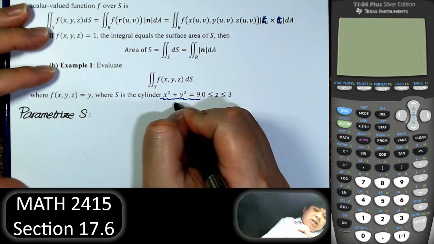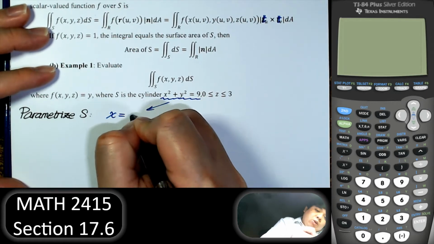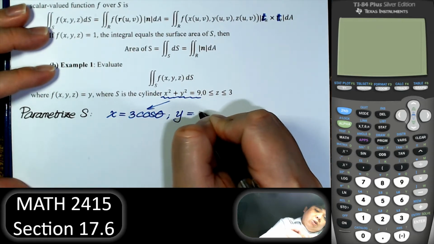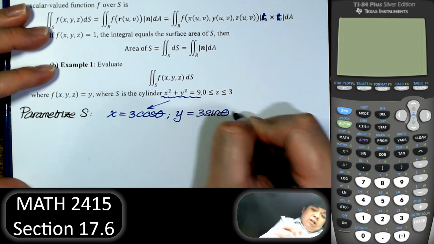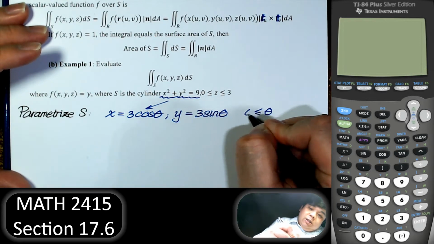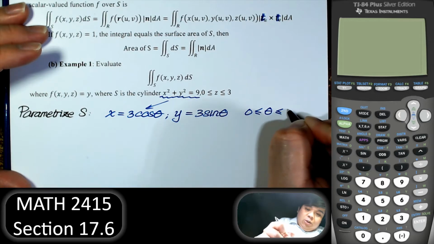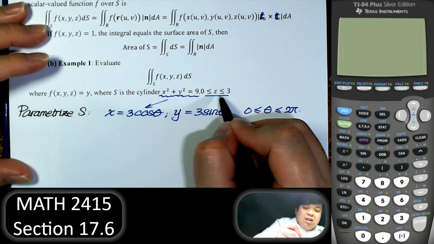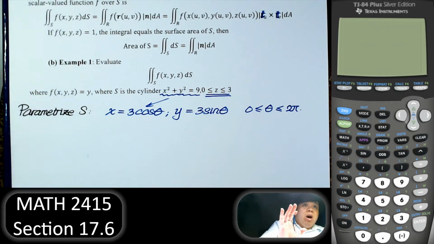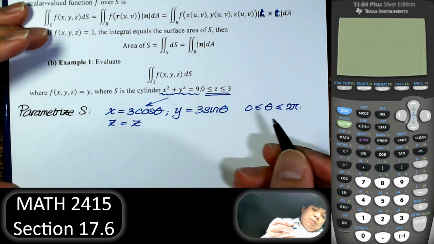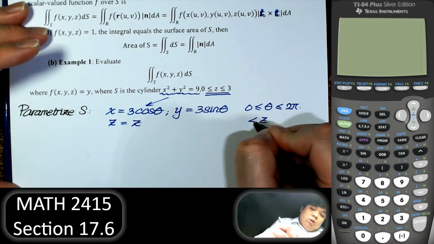So in this case we can say x equals 3 cosine theta, y equals 3 sine theta, and we're talking about the whole circle, so theta is between 0 and 2 pi. And then z, this by itself is another parameter, so we just leave it as is. How about just z equals z, and z between 0 and 3.